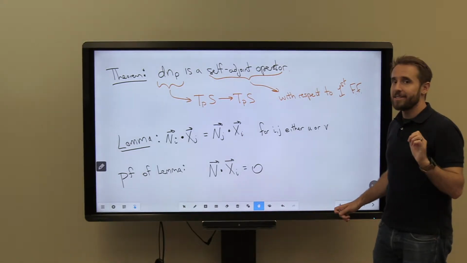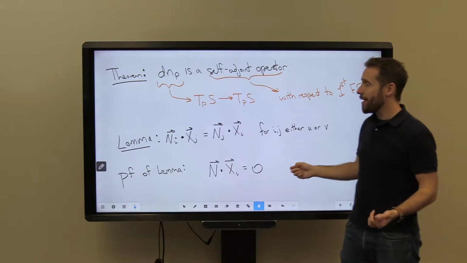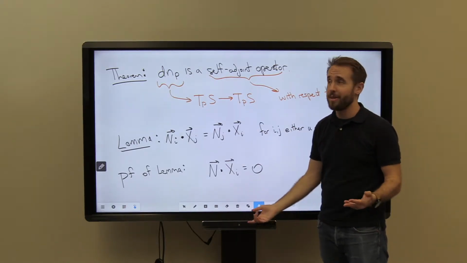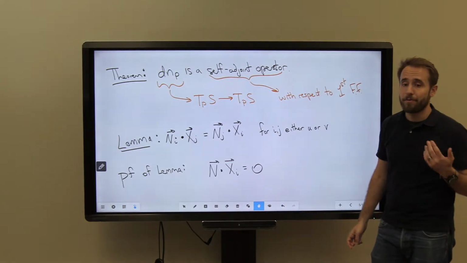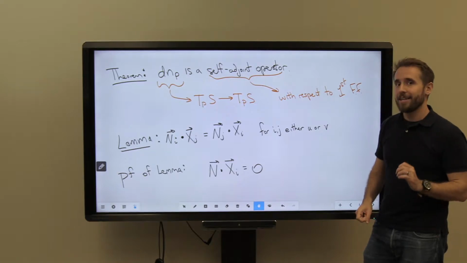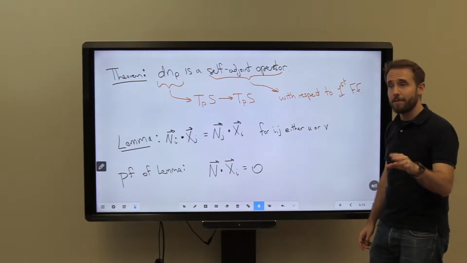So this is self-adjoint with respect to the first fundamental form, and we consider these vectors to both live inside of the same tangent plane, so the same first fundamental form can be applied to both of them. All right, so with those caveats, let's prove this theorem, and we actually have to prove a lemma first.